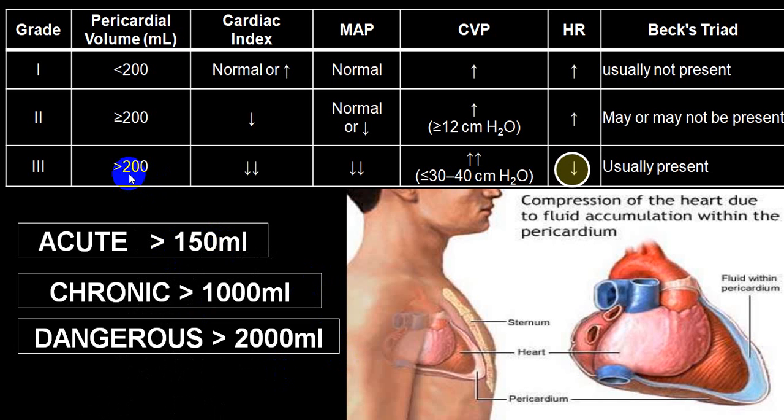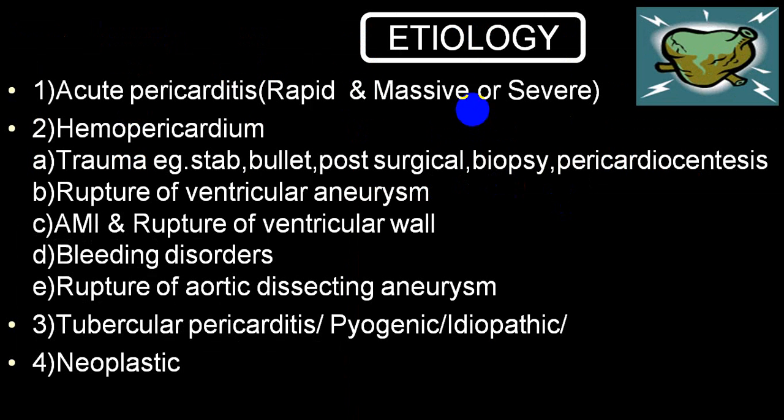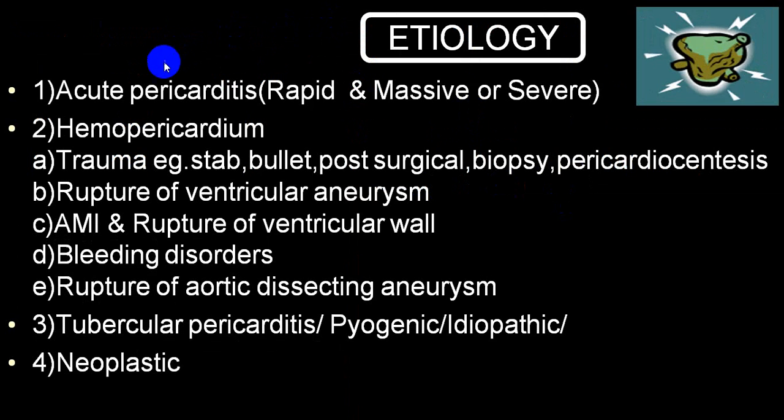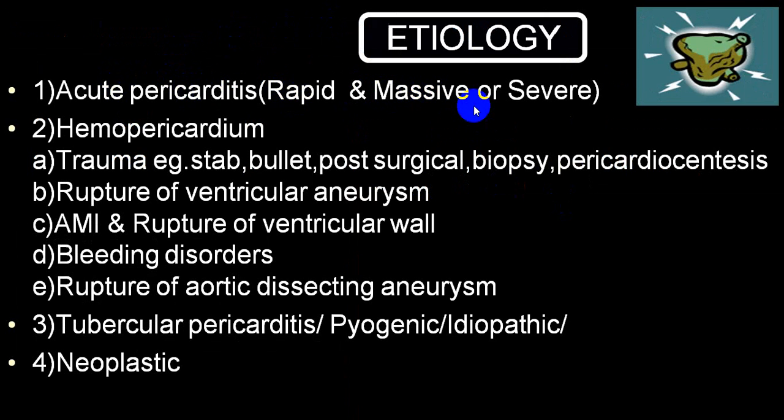Usually if there is a rapid accumulation of fluid, it can result in decreased cardiac output, mean arterial pressure will fall, central venous pressure will rise, and you will have a tachycardia very frequently, and slowly the heart rate will decrease. This will be a very common thing because of rapid or massive accumulation of fluid. So in a case of acute pericarditis, if there is a rapid and massive accumulation of fluid, it will result in cardiac tamponade.